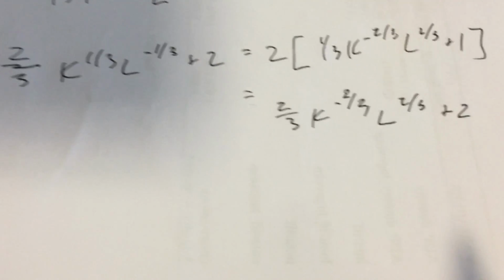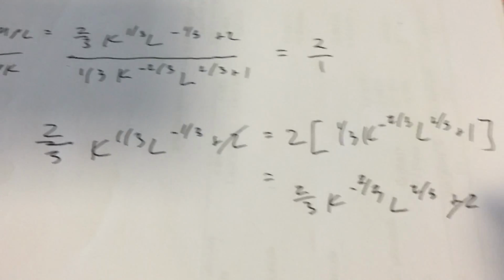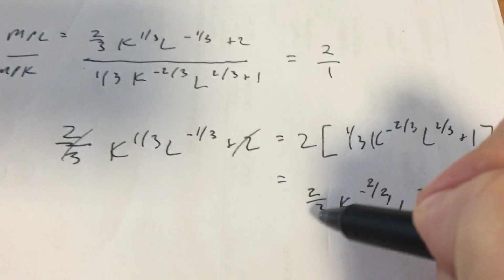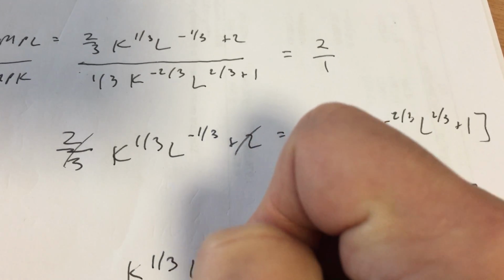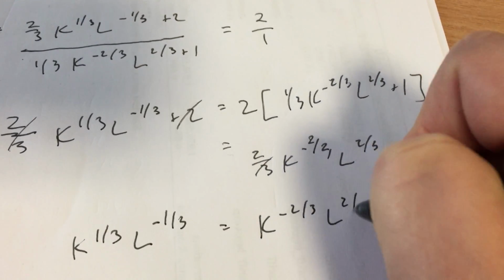Okay, well, what have I got? This 2 cancels out with that 2. So now I can multiply each side by 3/2. That goes away. And I come down to k to the 1/3 L to the minus 1/3 is equal to k to the minus 2/3 L to the 2/3.